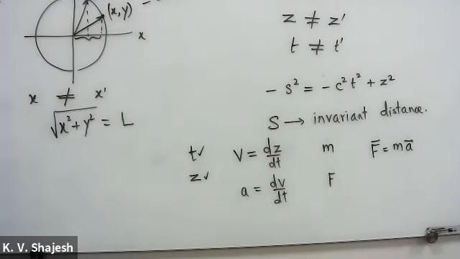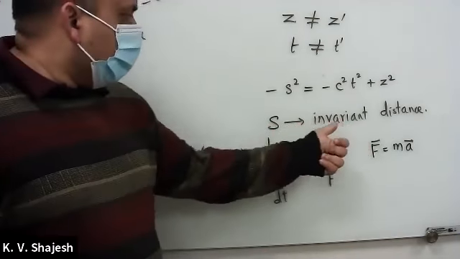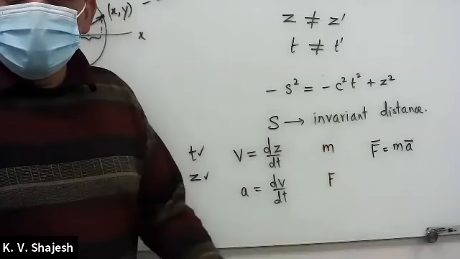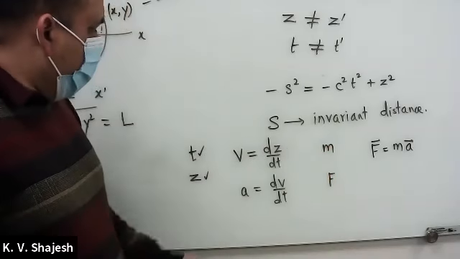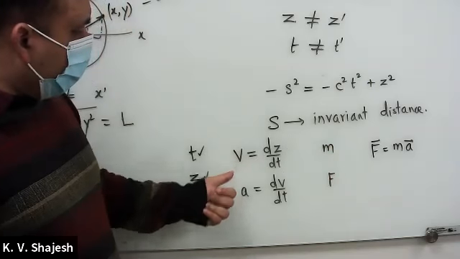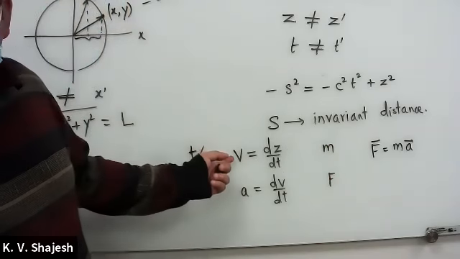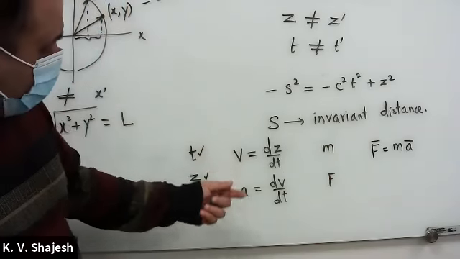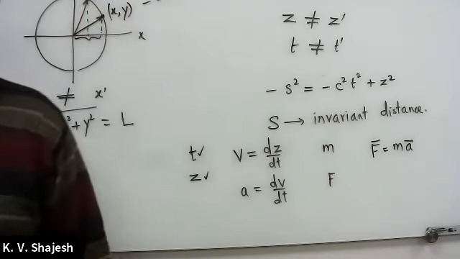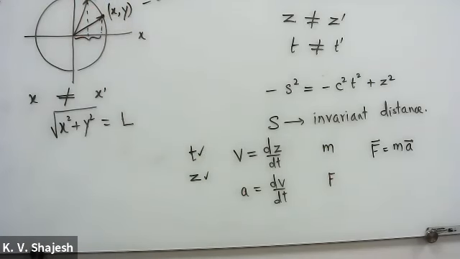So we are going to talk about invariant quantities, something that does not change between observers. For every physical quantity, like velocity, we will talk about an invariant velocity. Acceleration, we will talk about an invariant acceleration, invariant force, invariant energy, invariant momentum, and so on.